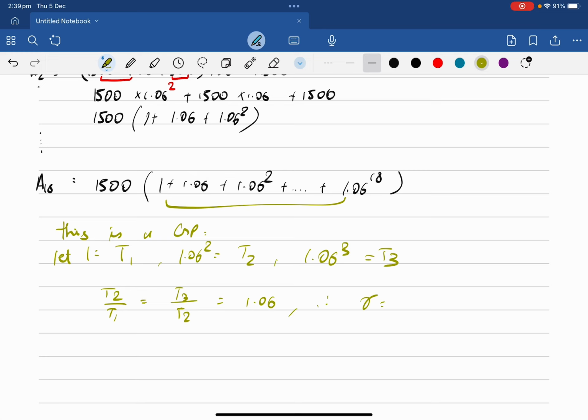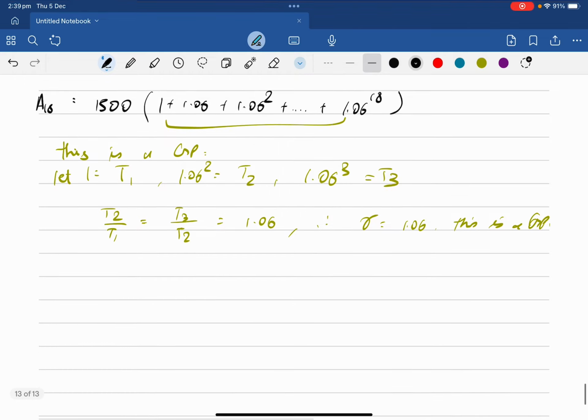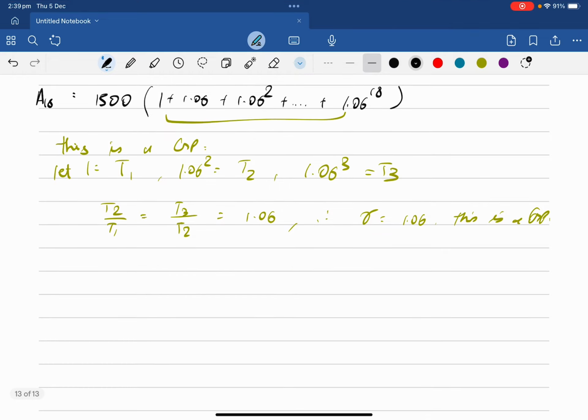Therefore, R is equal to 1.06. This is a GP. Now that we've proved it's a GP, we can continue with our normal steps. We can find the sum of this, because R is greater than 1, using this formula: sum is equal to A times R to the n minus 1, over R minus 1.